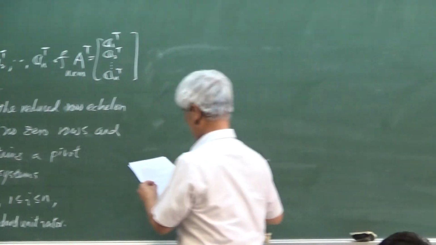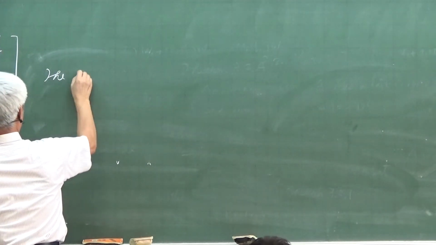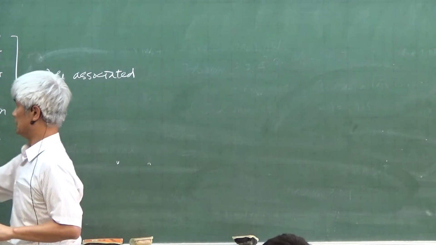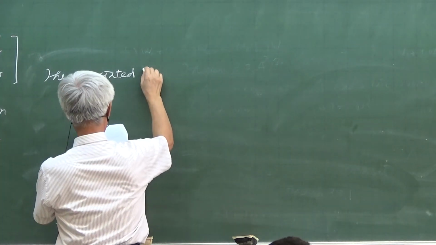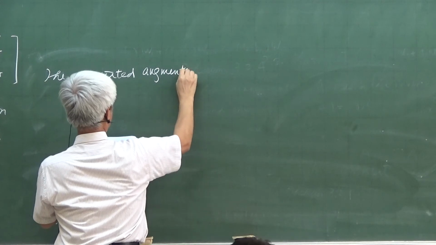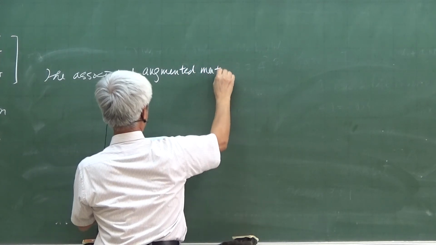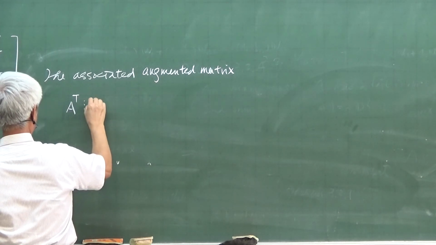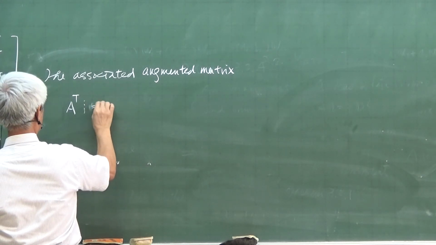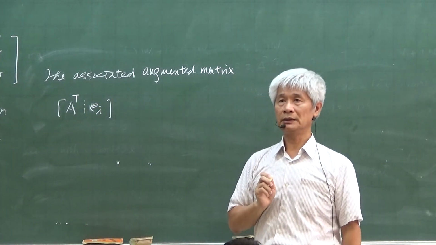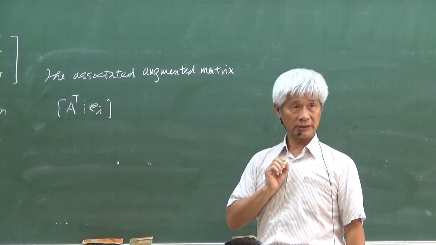So now, to solve the linear system, the associated augmented matrix is A transpose and ei. Okay, so this is the associated augmented matrix.